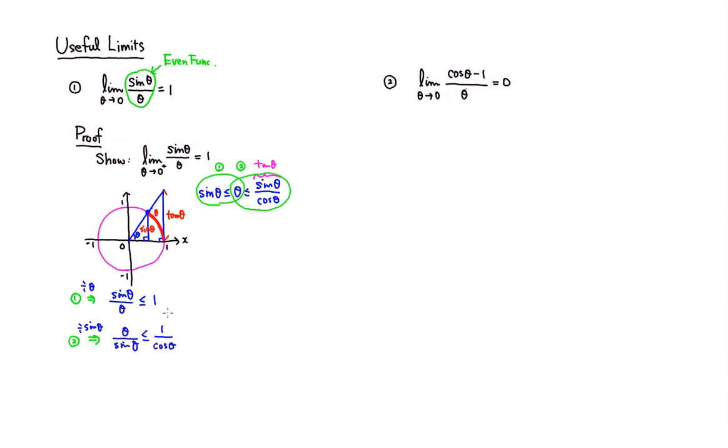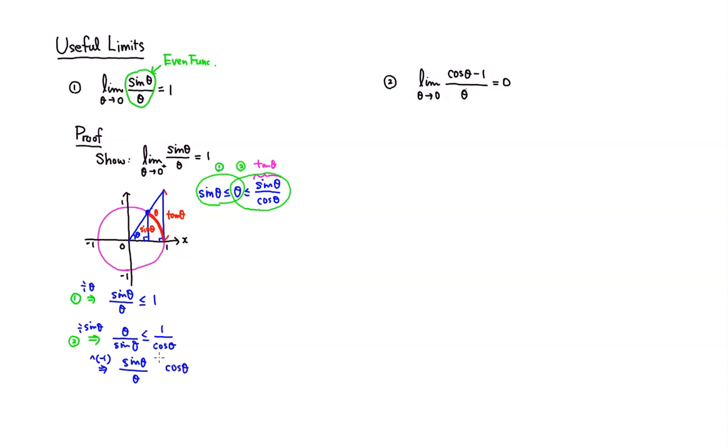Then I'm going to take the reciprocal of both sides. So you have sine of theta over theta, and the reciprocal of 1 over cosine is just cosine of theta.